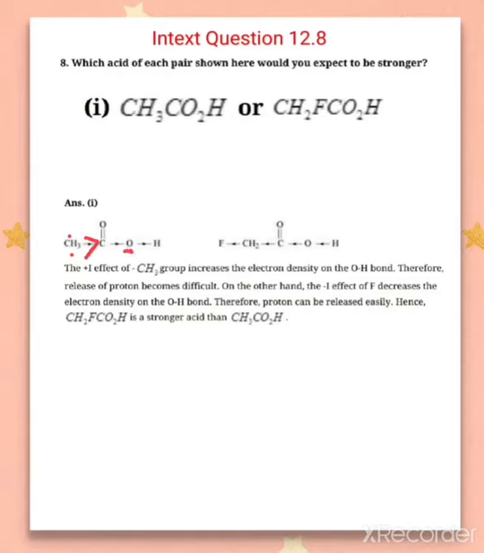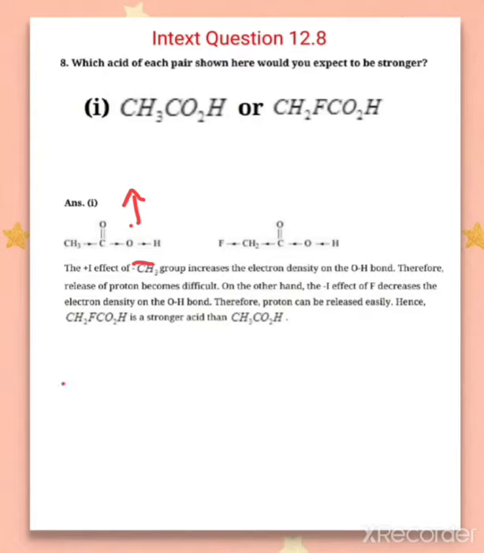But here the electron withdrawing group withdraws electrons, therefore the electron density on the oxygen decreases. In the first case the electron density on the OH bond increases, so the polarity decreases, therefore cleavage of the OH bond will not be easier.